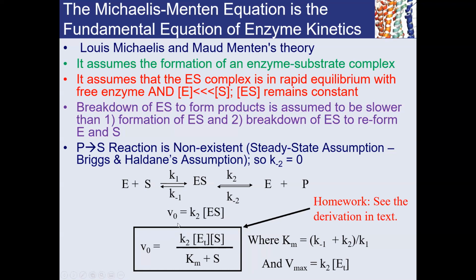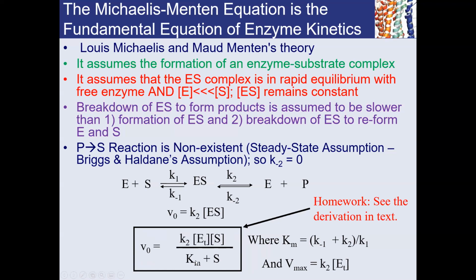And when they do that, they actually get the Michaelis-Menten equation, which is initial rate V0 is equal to k2, and the ES value is right here, ET, which is the total concentration of enzyme, times substrate concentration, divided by Km, a new constant called the Michaelis constant, plus S. What is Km?